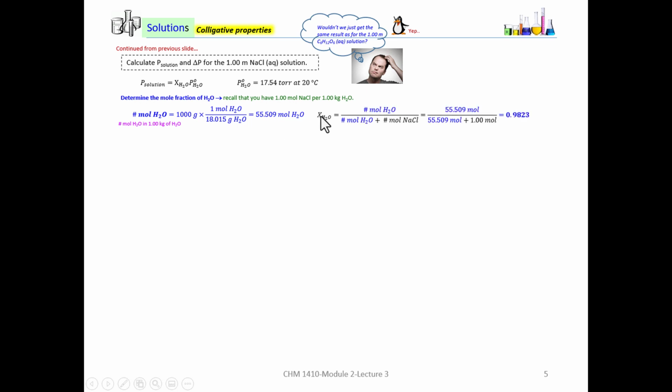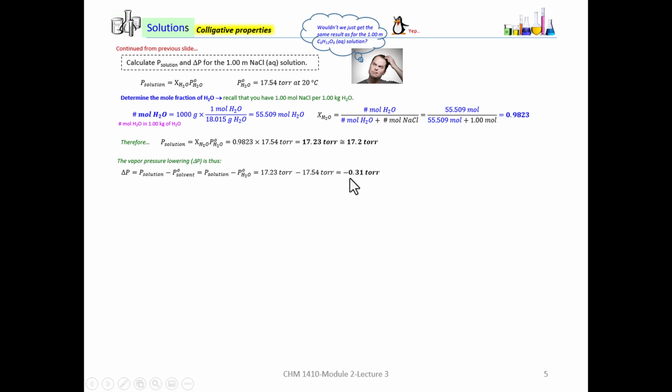If we calculate the mole fraction of water in this solution, we get a very familiar looking answer. And therefore, the vapor pressure of water over the solution would be the mole fraction times the vapor pressure of pure water, and we get 17.23 torr, or about 17.2 torr. So the vapor pressure lowering is simply minus 0.31 torr.